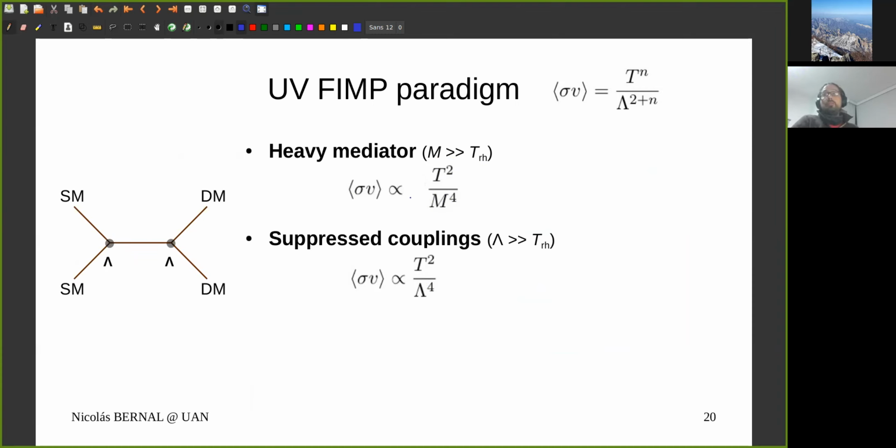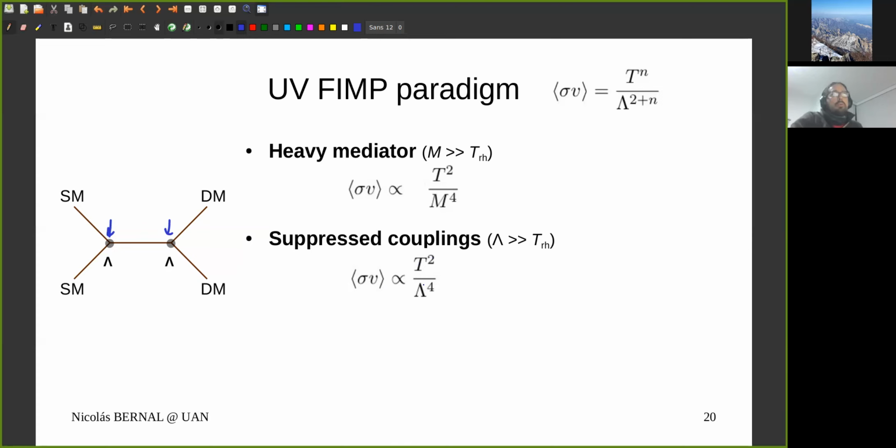The other option is to have suppressed couplings. If you have a dimensional coupling here, and this coupling goes like 1 over lambda, where lambda is the scale, that's another way of having the same T squared over lambda to the fourth.